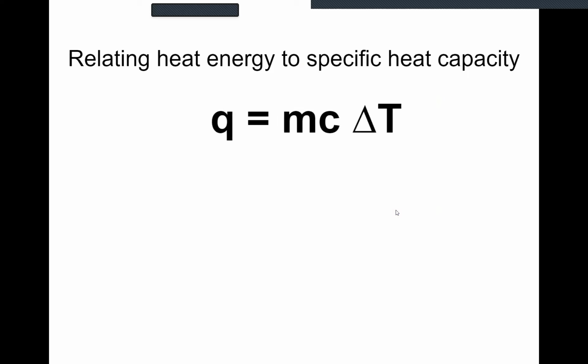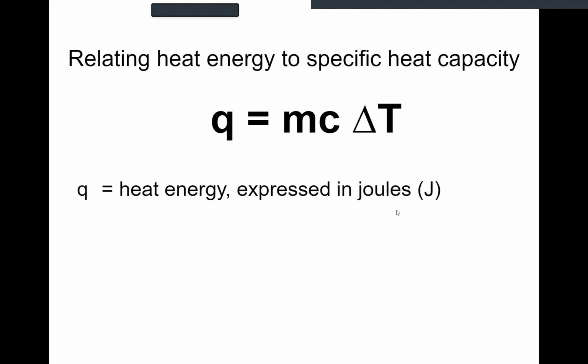Here's an equation: Q equals M times C times delta T. Now recall those abbreviations. Q stands for heat energy. As to why they use the letter Q, I'm not sure. It's just everybody seems to pick the letter Q for energy.